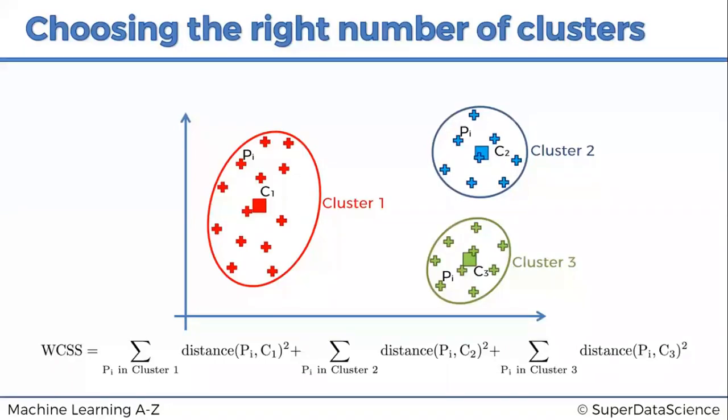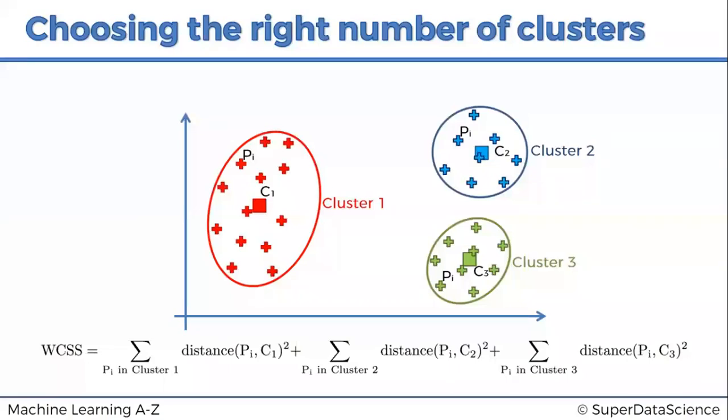And exactly right, the WCSS will equate to 0, because every single point has its own cluster, and therefore it has its own centroid, and that centroid is going to be exactly where that point is, and therefore the distance between the point and the centroid is going to be 0. If you square that, it's going to be 0, and if you add up all those squares, it's still going to be 0. So as we can see, the WCSS will decrease from a substantial value when we have one cluster all the way down to 0 as we increase the number of clusters.